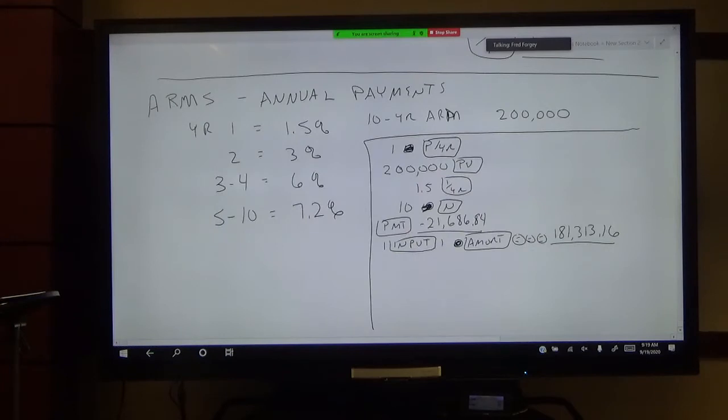Okay, now if you sort of remember from the previous problems that we worked on, this amount becomes our new present value. Then we go in, we put the new interest rate, 3%. Our new term is now what? 9 years remaining. Okay.